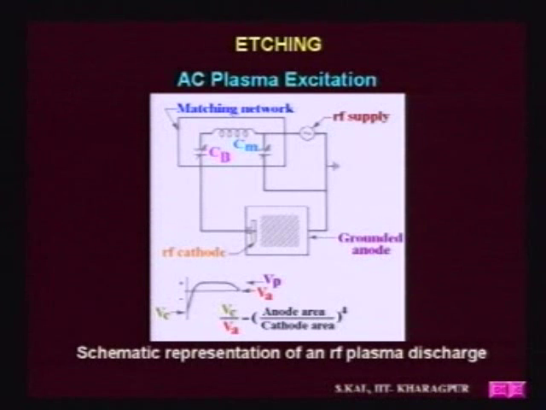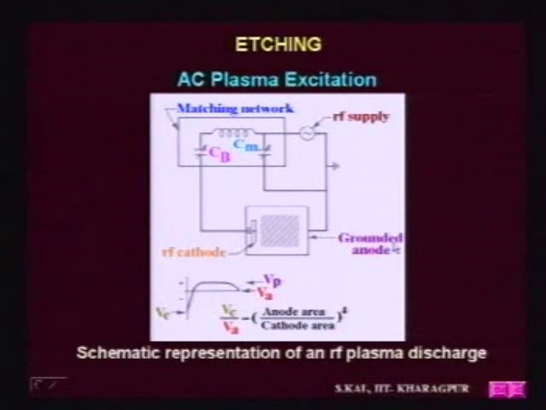And you can put the substrates on top of the cathode surface, so that because of the reaction or the ions coming towards the surface of the substrate, the material will be etched away, isn't it? But as we have seen earlier, in the grounded case, both cathode and anode seeds will be created.